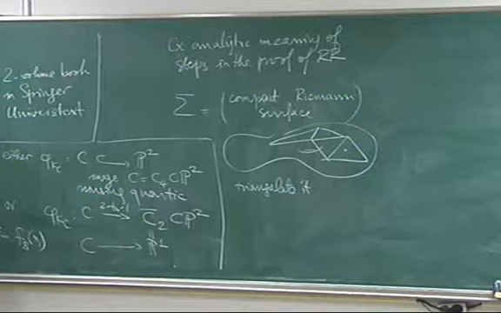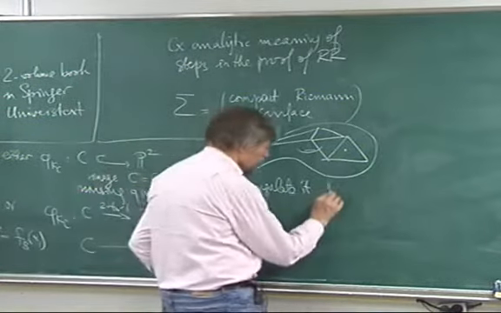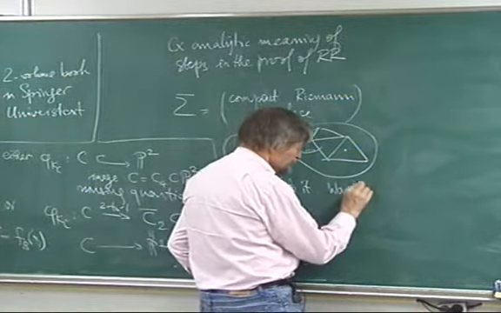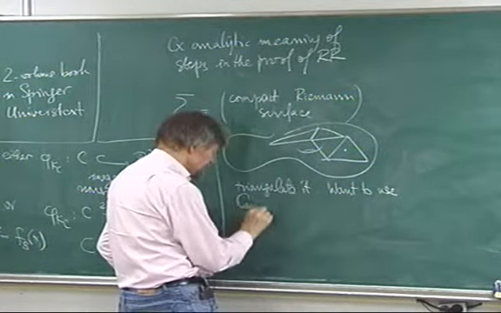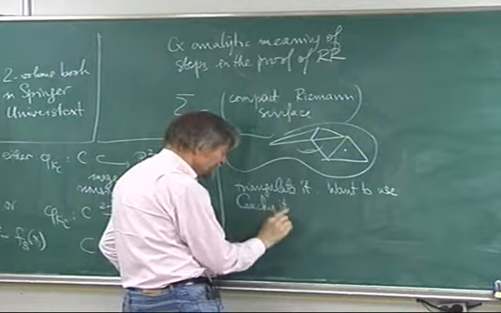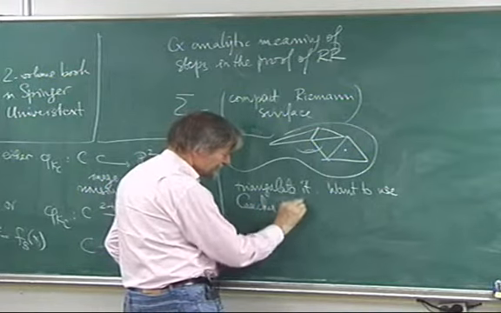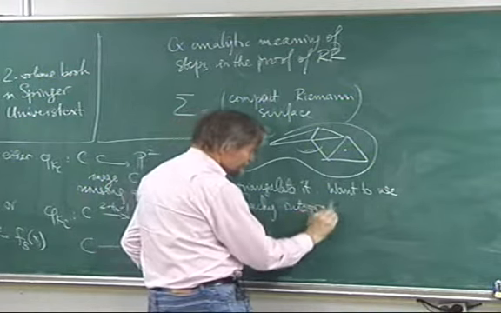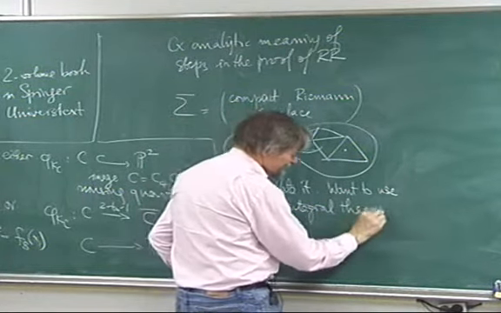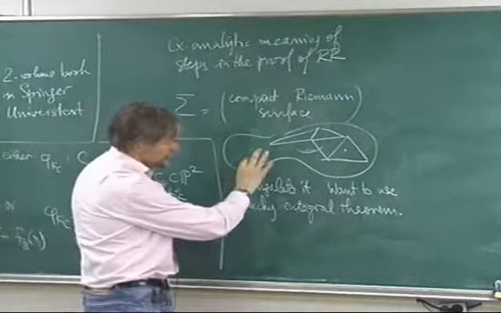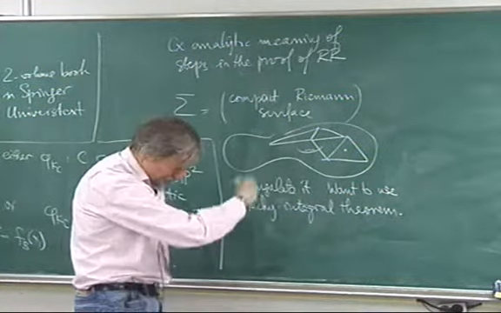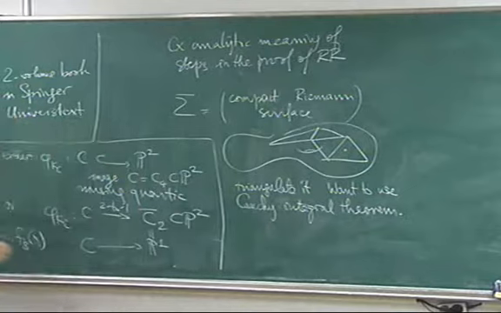The reason I want to triangulate it is I want to use the Cauchy integral theorem. So if I've got some finite set of points, I've got a function, or several functions, or several differentials.